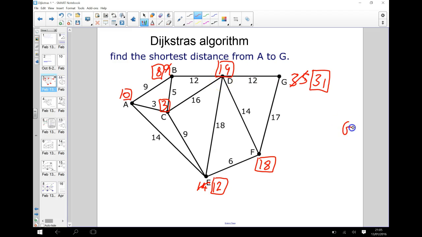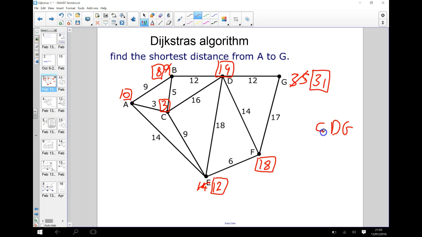So I finished with G, and before that I must have come from D. So from D now, I want to find the path that I came from, so I'm subtracting all the edges one at a time, and it looks like I came from this path here, which is at C. 19 take away 16 is 3.